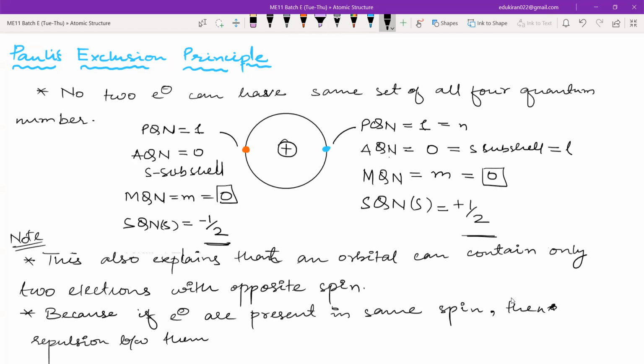Then the repulsion between them will be higher, and stability will decrease. So please write this down.